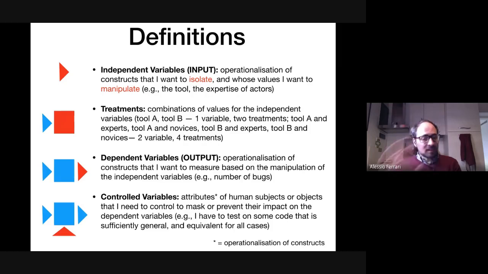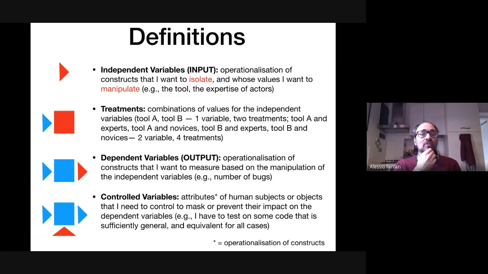Again, you already understood what independent variables, dependent variables, treatments and controlled variables are, but here you have the precise definition. Independent variables are operationalizations of constructs that I want to isolate and whose values I want to manipulate. With the example, you see this is clear.